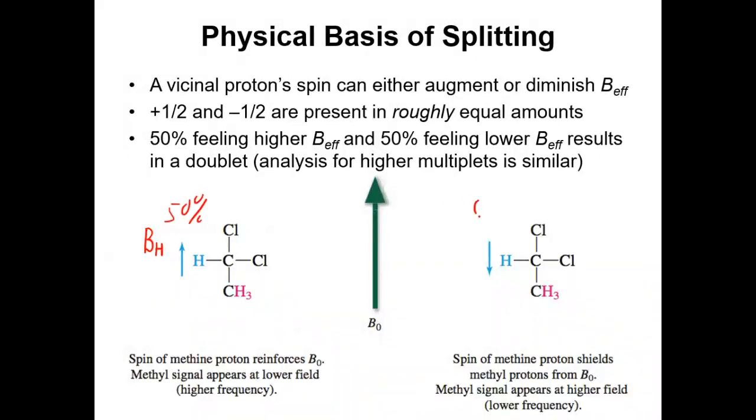To be exact, the parallel one should have a bit higher probability, maybe 51%, because the small magnet created by the spinning proton, when parallel to the external field, is slightly more stable than anti-parallel. But it's pretty close, say 51%, 49%.